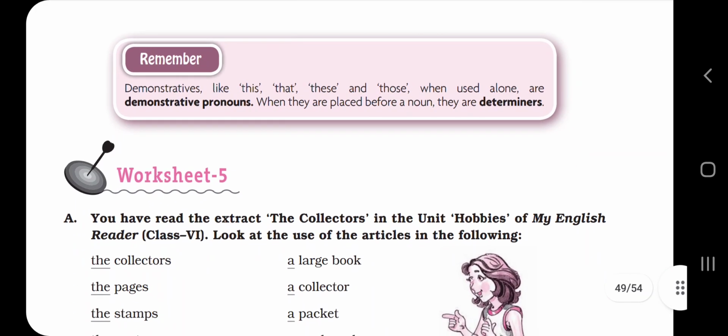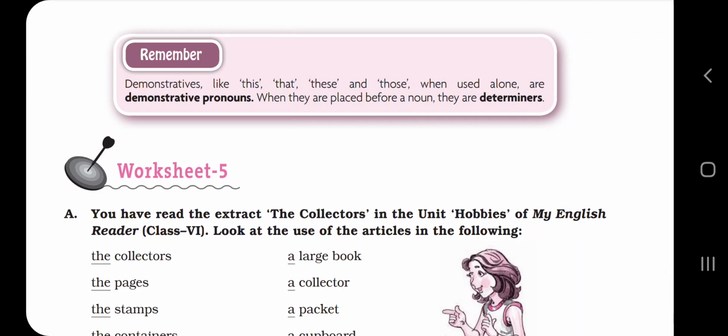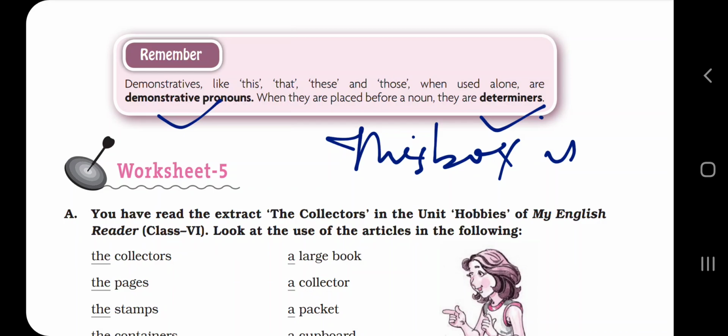Now next, let's move. Demonstratives like this, that, these and those, when used alone, are demonstrative pronouns. When they are placed before a noun, they are determiners. Now how to distinguish whether it is a determiner or a pronoun? If this, that, these, those is followed by a noun, like we have just done, this box is mine.